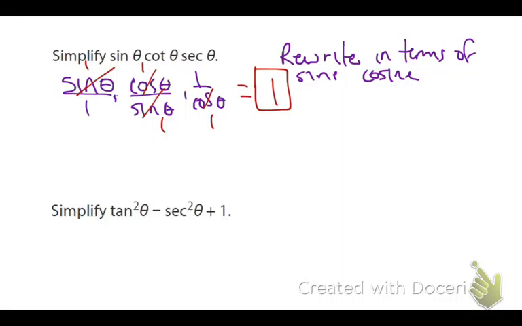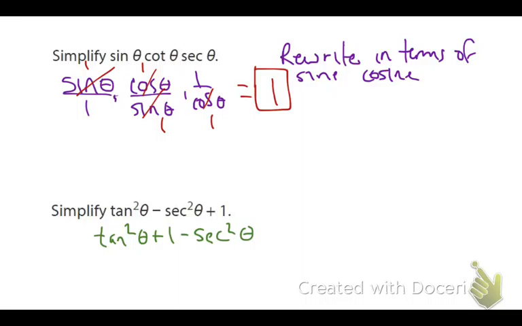Tangent squared theta minus secant squared theta plus 1. Yes, plus 1. So I'm going to rewrite it as tangent squared theta plus 1 minus my secant squared theta. Did I get that correct?